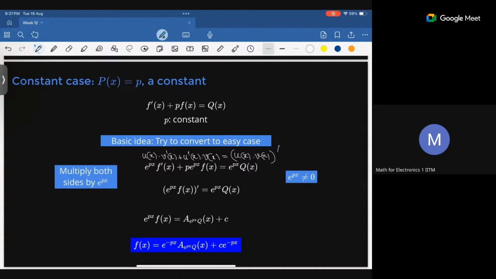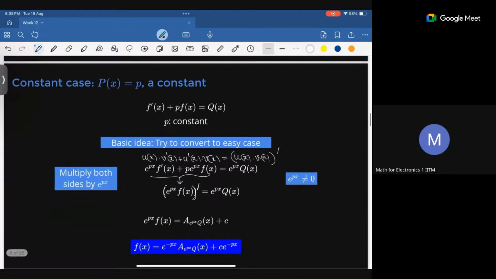Using that property, e power px into f prime of x plus p into e power px into f of x will simply be, with u of x as e power px and v of x as f of x, the derivative of e power px into f of x on the left hand side. On the right hand side, we have e power px into q of x. And now e power px into f of x, you treat it as some g of x.